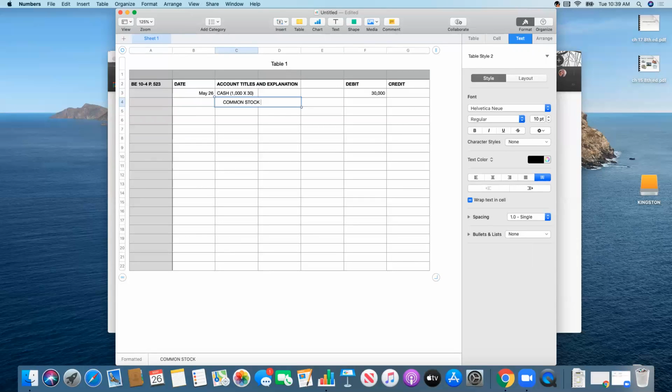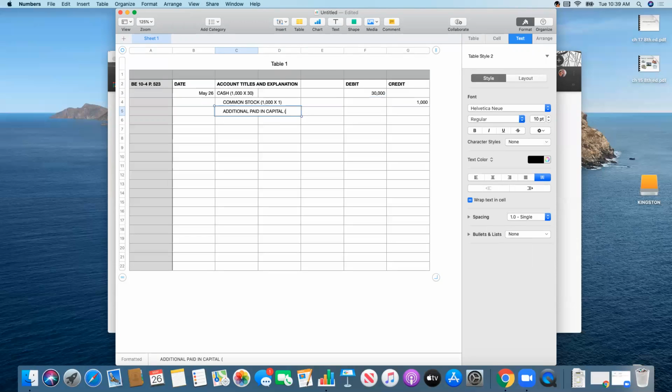Credit common stock. 1,000 shares times, they said the par value was $1 per share. Credit additional paid in capital.